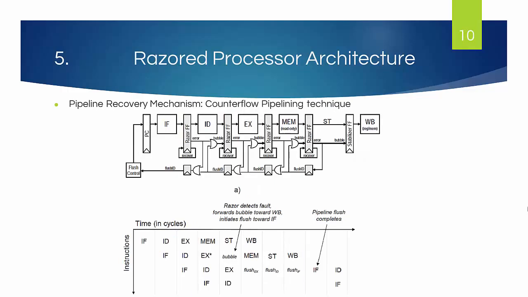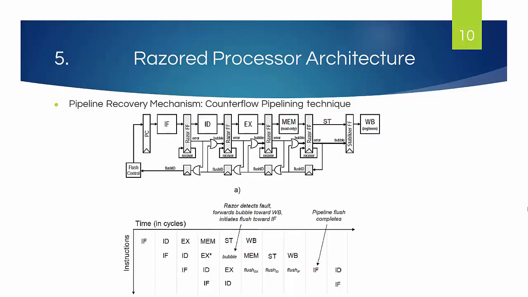Counterflow pipelining technique. In aggressively clocked designs, it is not possible to implement the clock gating technique. This approach implements the recovery mechanism, introducing negligible timing constraints to the baseline pipeline. Basically, when a flip-flop produces an error signal, pipeline recovery must take two actions.